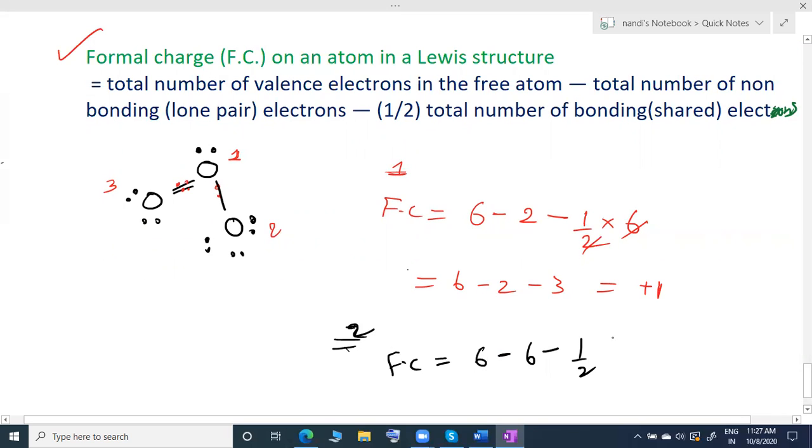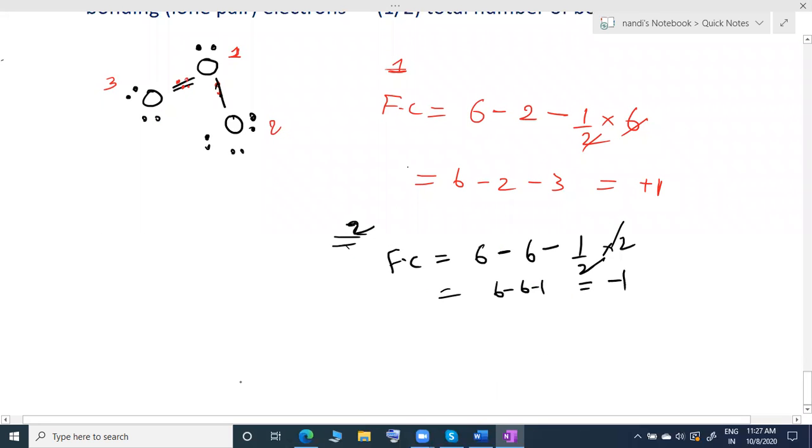Only 2 here, into 2, because only these are the bonding electrons. So how much do we get here? This is 1: 6 minus 6 minus 1. So we get minus 1. So oxygen 2 should have a negative charge.